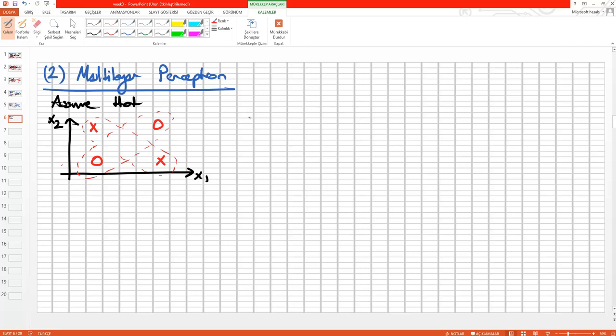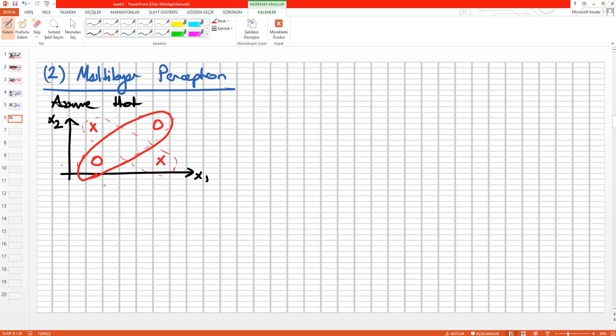But what happens if I need one neuron to classify all these things? For example, I can choose some neurons to model these things.